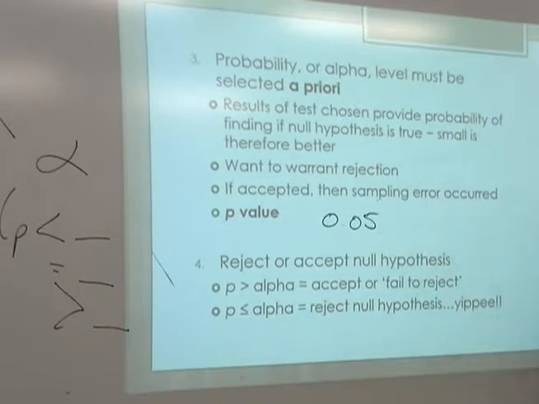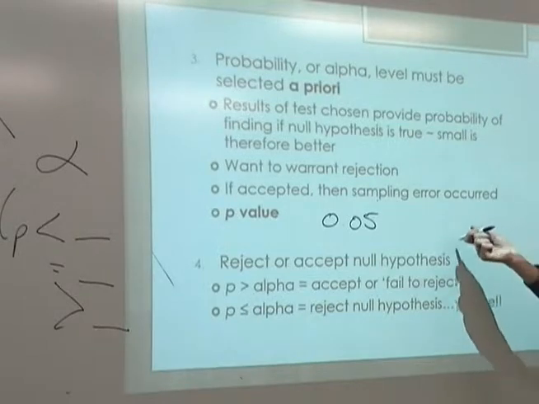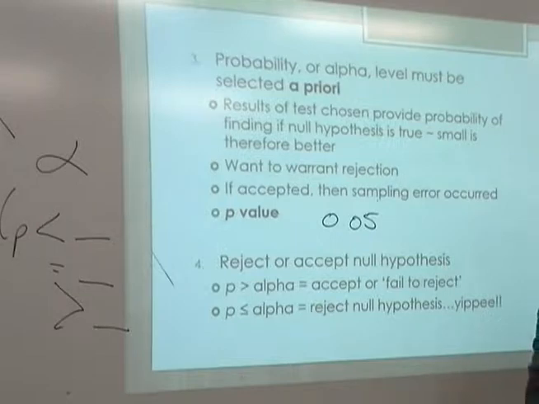Am I going to set alpha at 0.05? Am I going to say, I'm 95% sure this drug won't kill you? Is that acceptable? What do you think, Charlie? Is 95% okay? If I'm going to kill you, are you willing to take a 5% risk on whether I'm going to kill you?